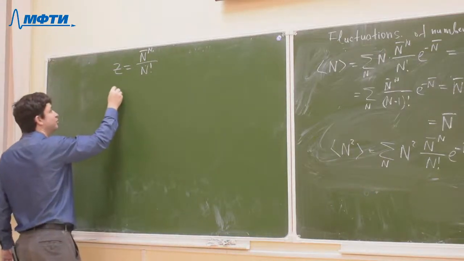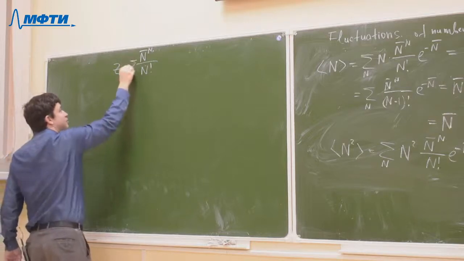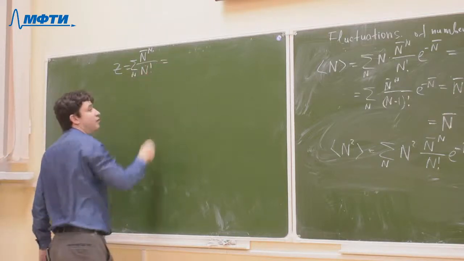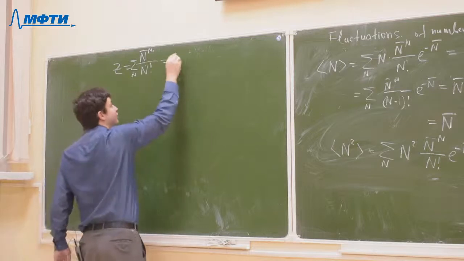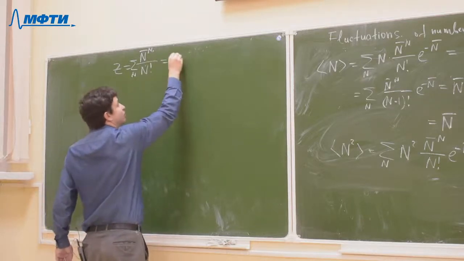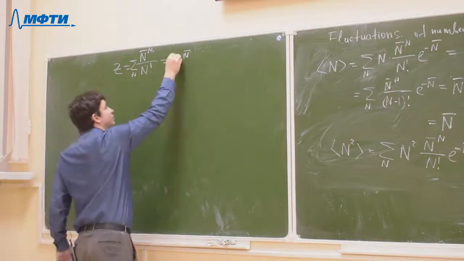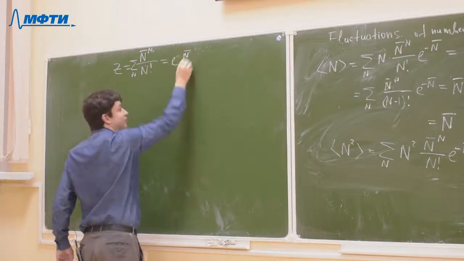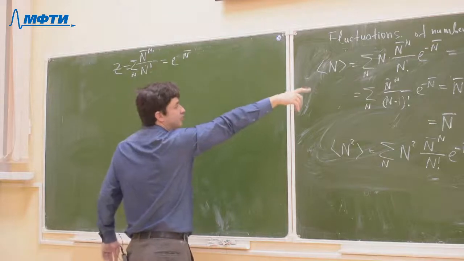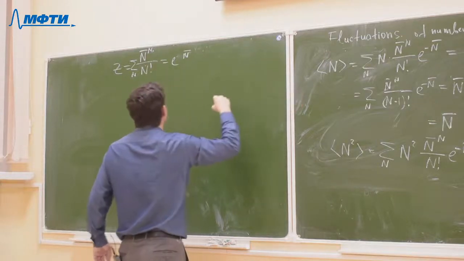So we already know that this sum actually is equal to e to the n average, because if we multiply it by e to the power minus n average, we would get 1.